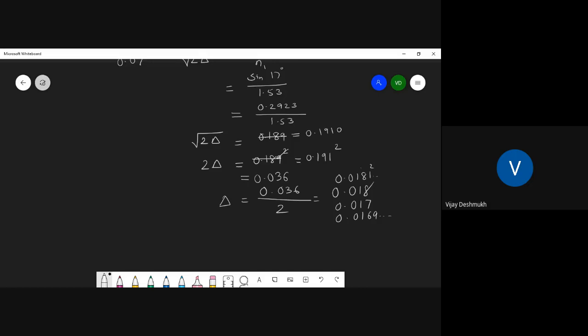That should be the range: 0.01 and then some number. Got it?